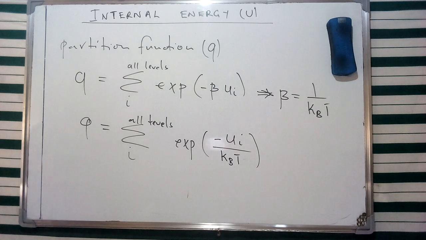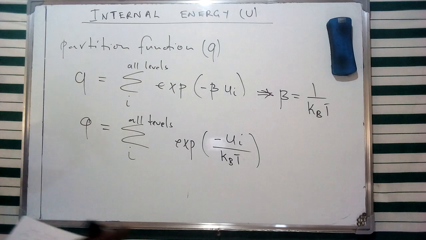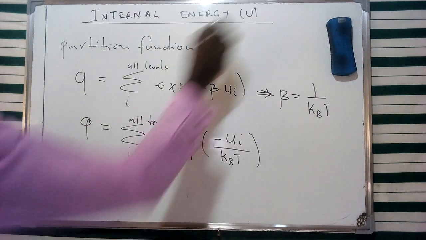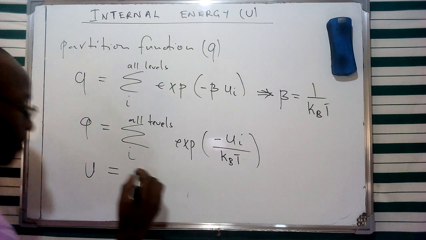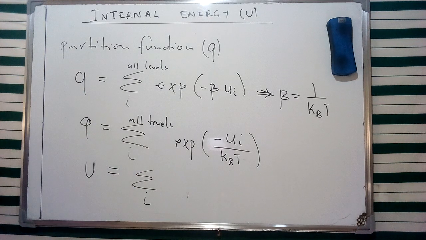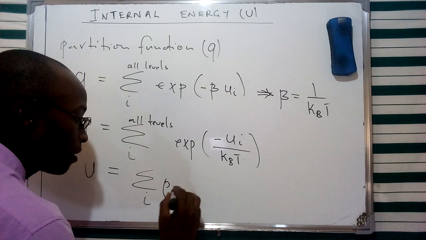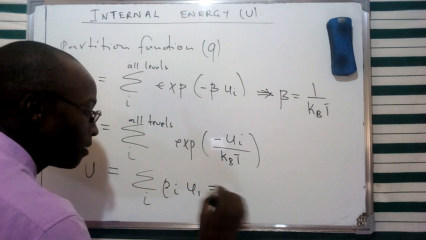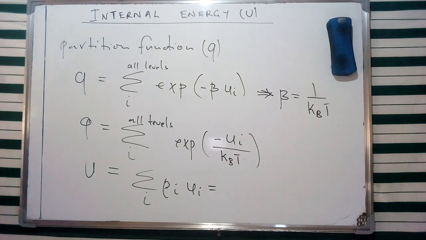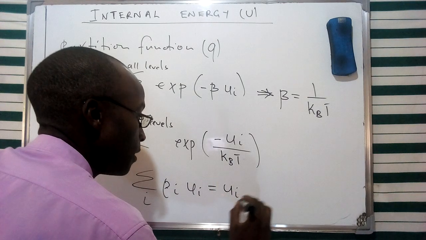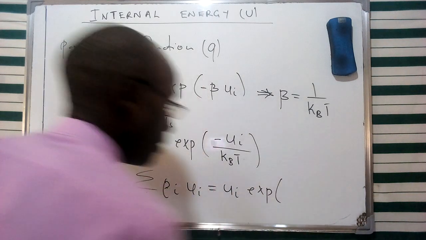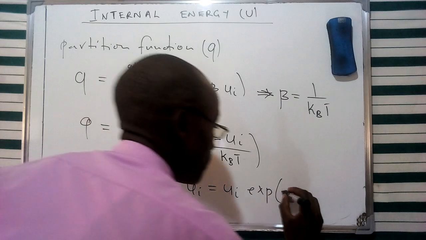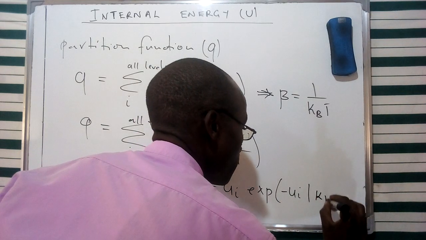Now, the concept of internal energy can as well be given in terms of the partition function. As I had said, we represent this in terms of U, and this is going to represent the summation from the initial state of these thermally accessible levels, with the symbol of the internal energy of that specific system, and the exponential notation given as over kBT.